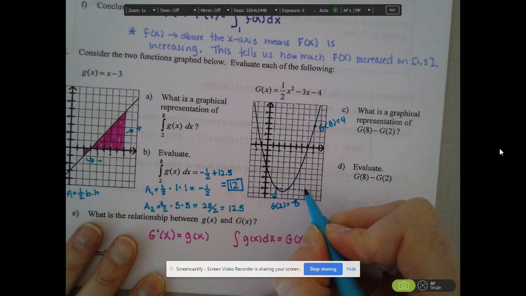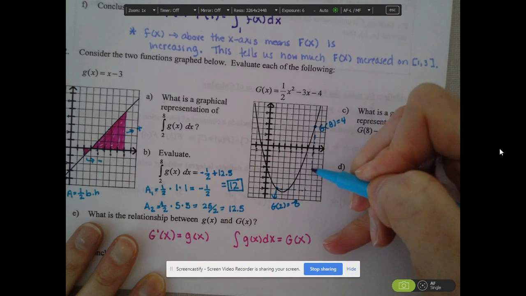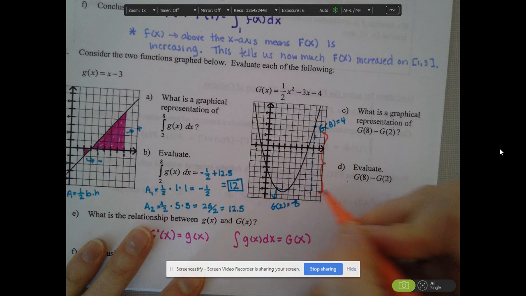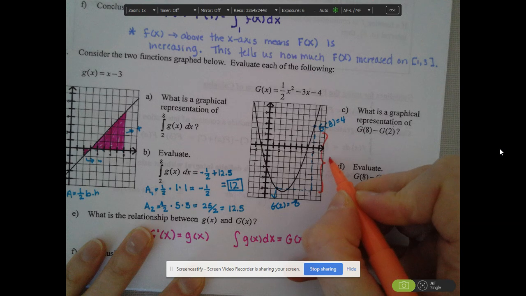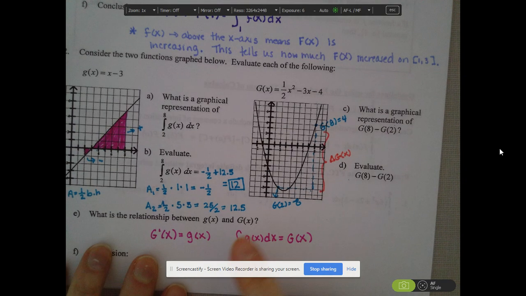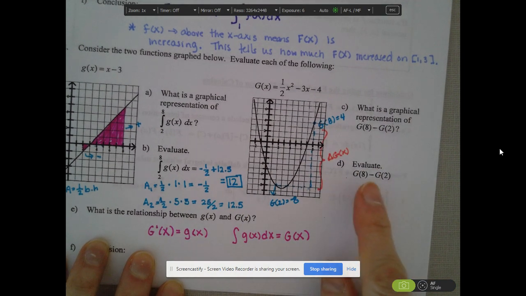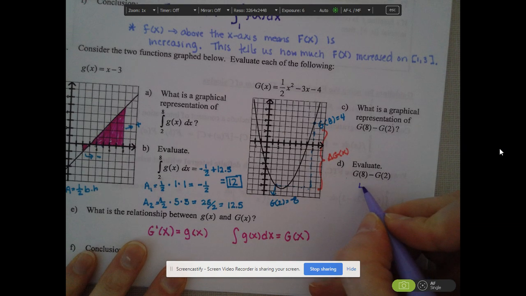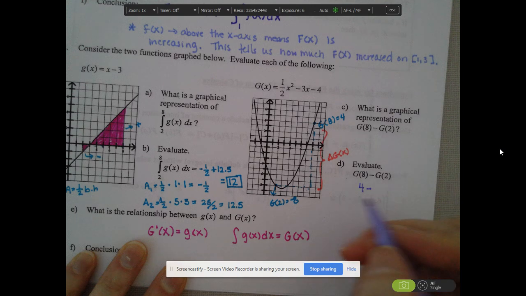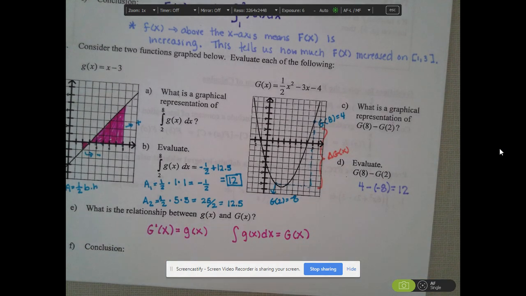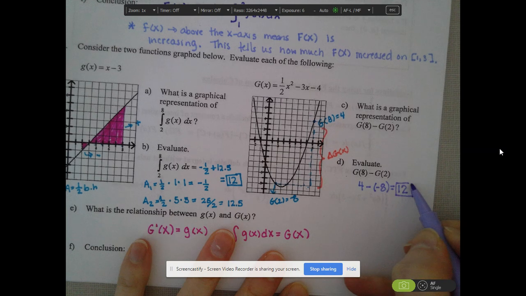If I bring that over here, that graphical representation is I'm looking for that change in G of x from 2 to 8. So to evaluate it, G of 8 happens to be 4 minus G of 2, which is at negative 8. Lo and behold, again, shouldn't be a coincidence, we actually got the same value.